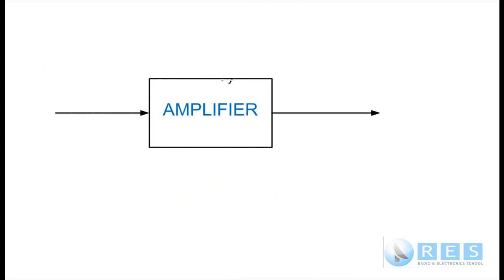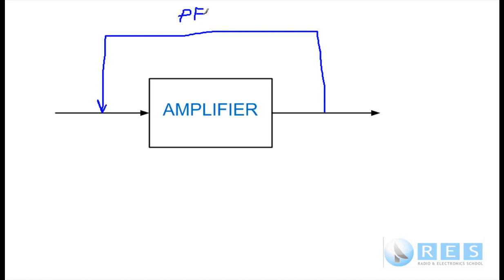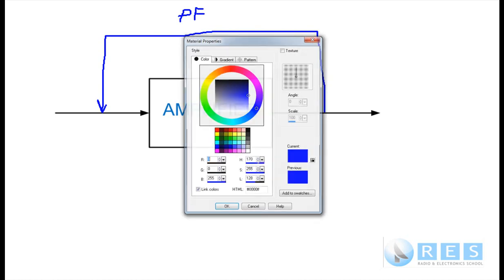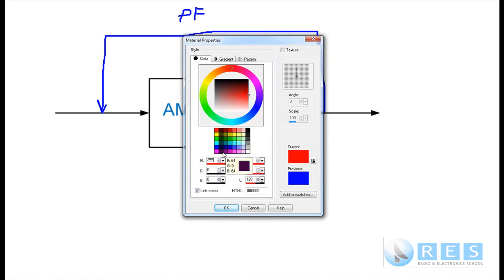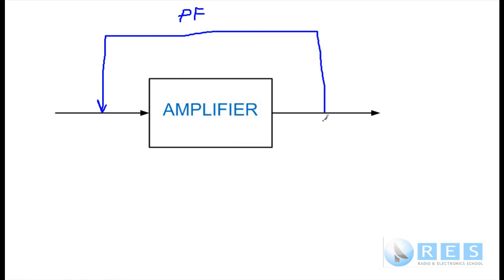So just revising that, an amplifier with positive feedback that we deliberately introduce, I'll just call it positive feedback to make it easy for me to write, would produce amplifier oscillation, and the amplifier becomes an oscillator, becomes a source of a signal rather than amplifying a signal.